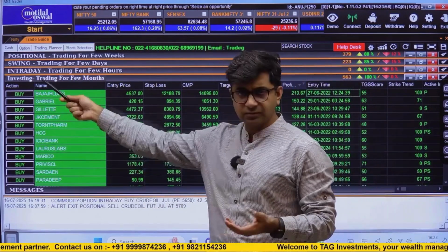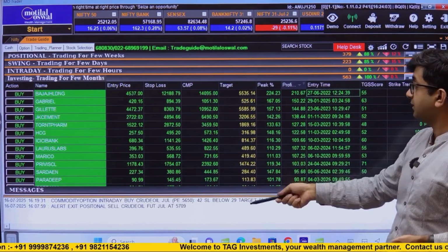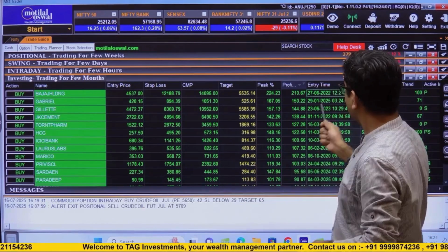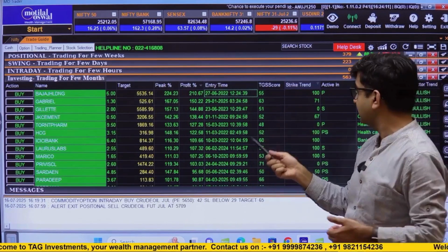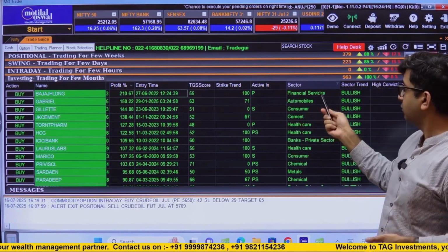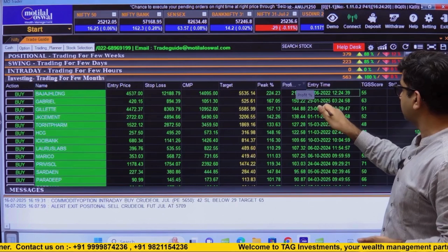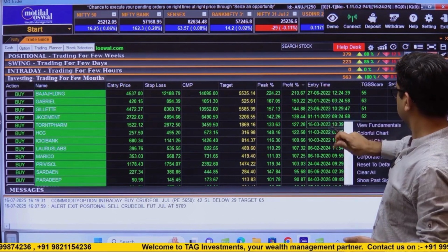One, the action, which is buy; the stock name, the entry price, the stop loss, the current market price, the target, the profit percentage since it has given the entry, the entry time, the TGS score, which I'll come to in a bit, the strike trend, which is active in positional and swing as well, the sector trend and which sector it belongs to, and multiple other columns, if I was to show you columns here.